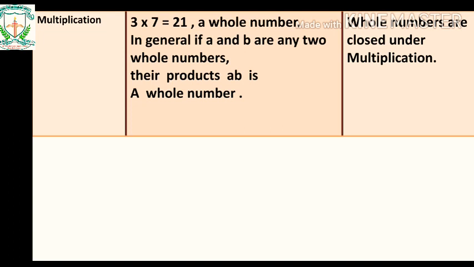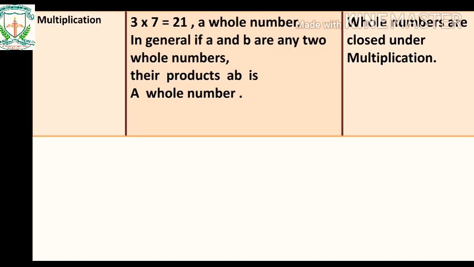See, 3 is a whole number, 7 is also a whole number, and 21 is also a whole number. So the result is also a whole number. So I can say that for multiplication, closure property holds good.